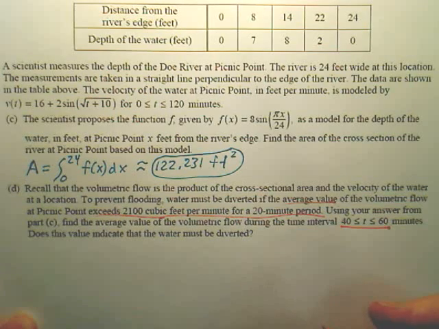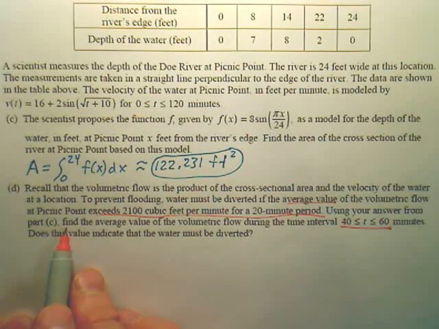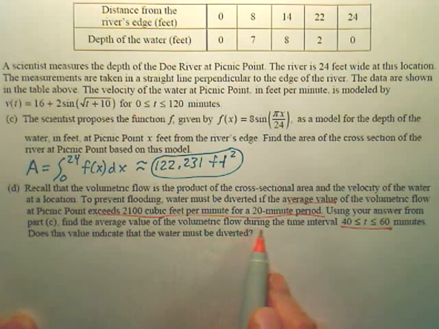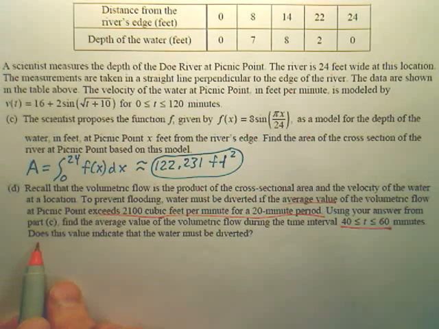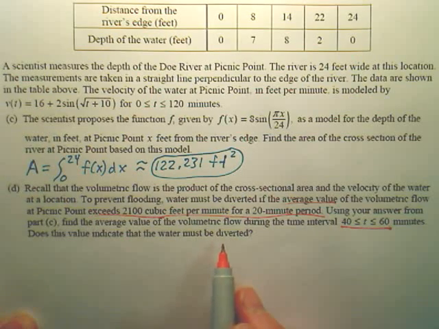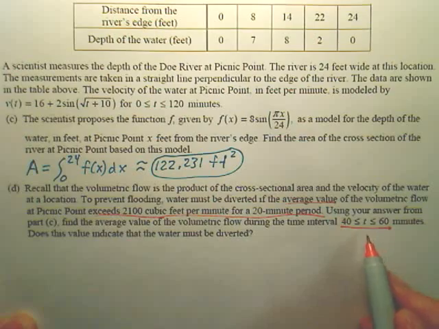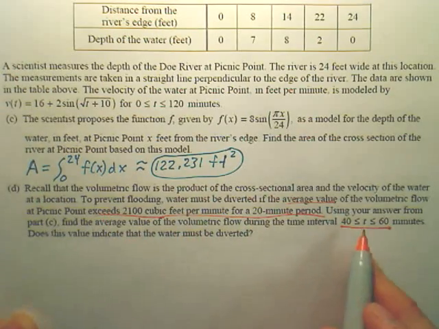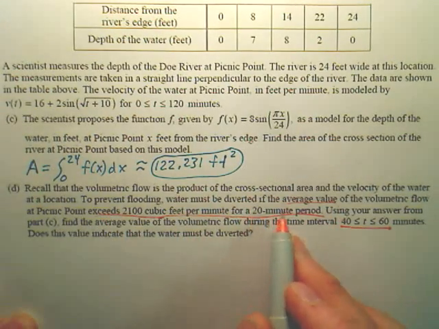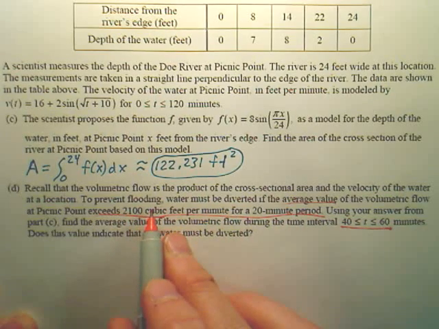During this period, it wants you to use your answer to find the average value, and then ask, does that value indicate the water will be diverted? Meaning, is it going to flood? Do they need to divert it because it's going to flood during this 20-minute period? So basically we're trying to think, will the average for this 20-minute period be bigger than this? And that's what we're trying to see, because if it is, we have to divert the water.